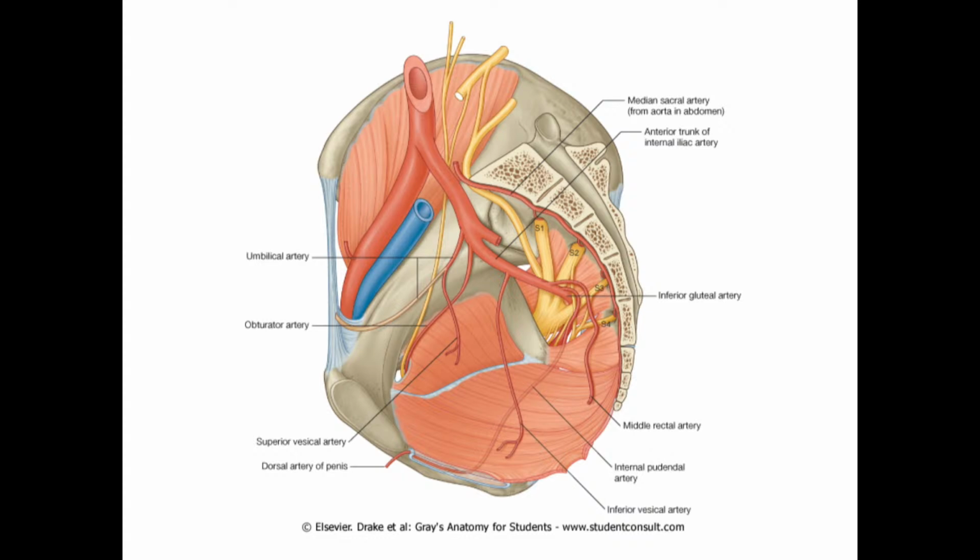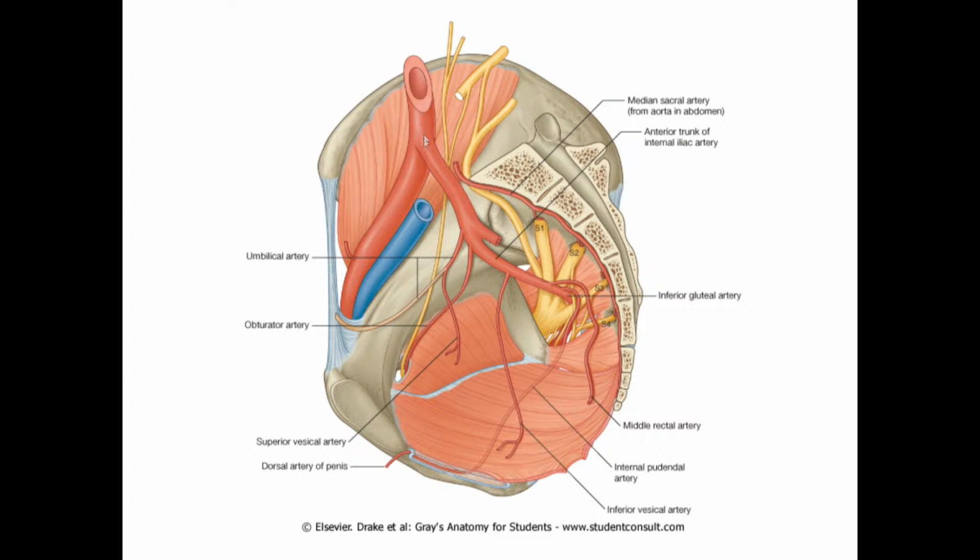The anterior trunk branches into several arteries: superior visceral, umbilical, inferior visceral, middle rectal artery, uterine artery, vaginal artery, obturator artery, internal pudendal artery, and inferior gluteal artery. So there are plenty of arteries branching from the anterior trunk, and let's now see all of them.